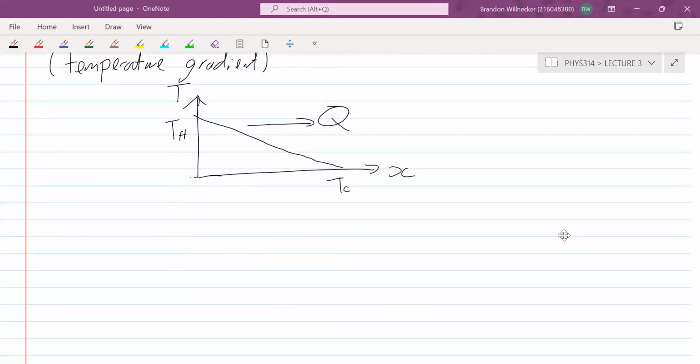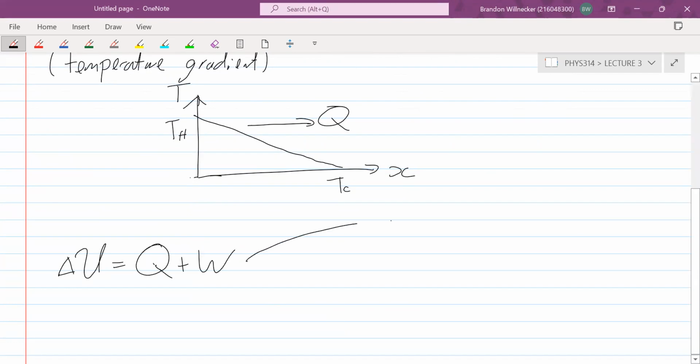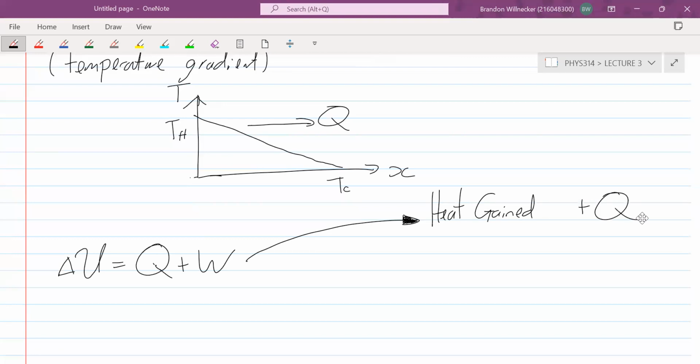Let's have a look back at our first law of thermodynamics equation. This delta U is equal to Q, let's say plus W if we want to use this convention. Now about that plus or minus sign, again, that's up to you. You can choose what you want, but just something to keep in mind. If heat is gained by whatever means, then Q is positive. Okay, gained heat is plus, right?